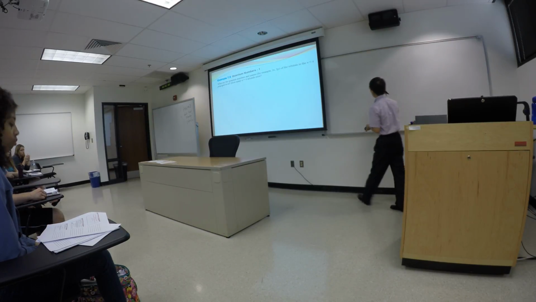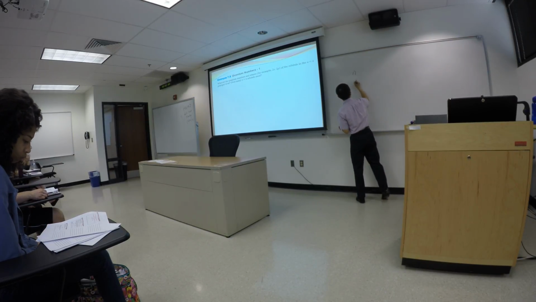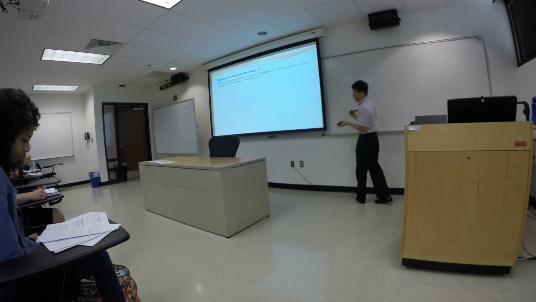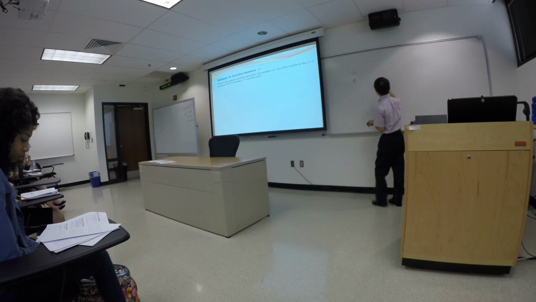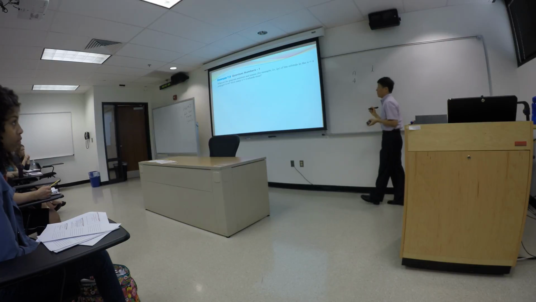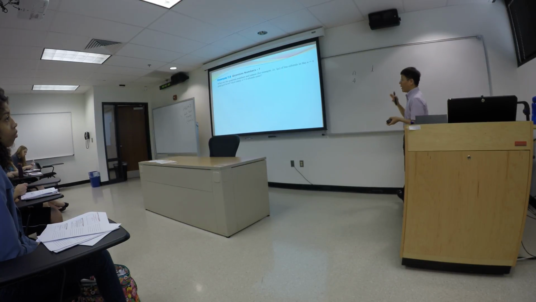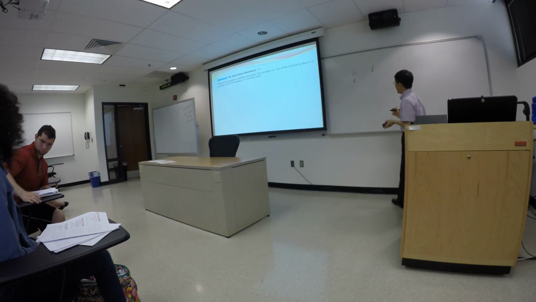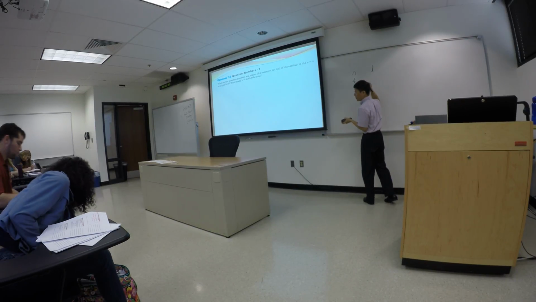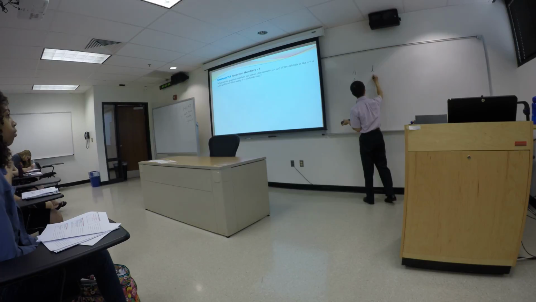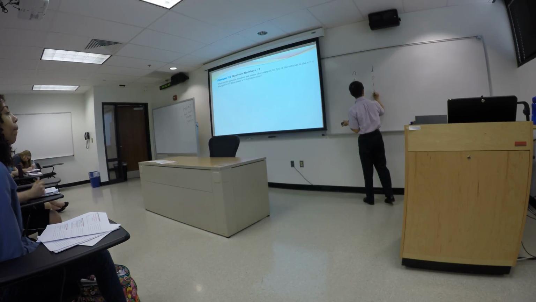So we know n equals 4. So the principal quantum number n is 4. L, you should be able to predict. When n equals 4, there are 4 possible values for L. Namely, starting with 0, 1, 2, 3.